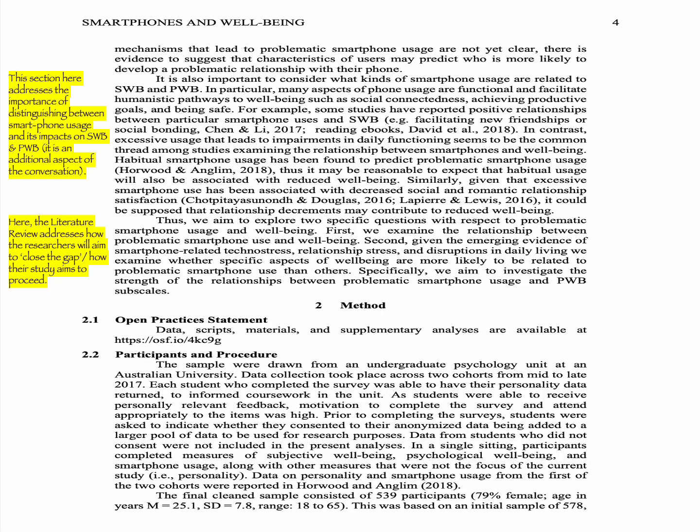Second, given the emerging evidence of smartphone-related techno-stress, relationship stress, and disruptions in daily living, we examine whether specific aspects of well-being are more likely to be related to problematic smartphone use than others. Specifically, we aim to investigate the strength of the relationships between problematic smartphone usage and psychological well-being subscales.